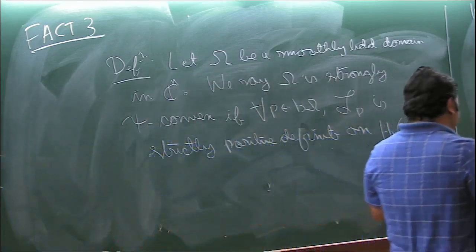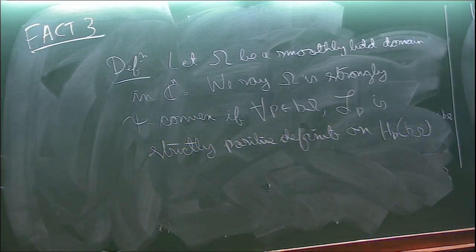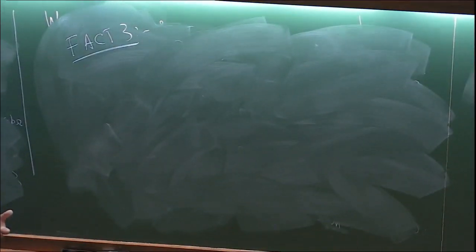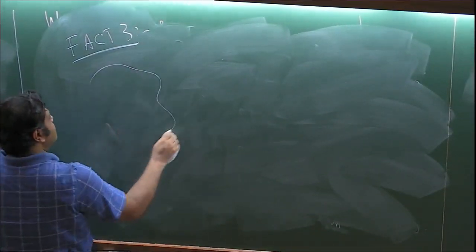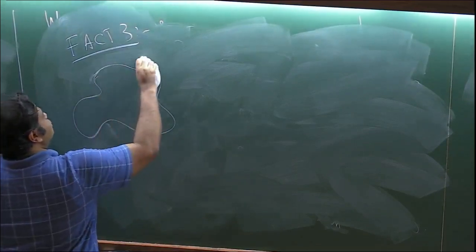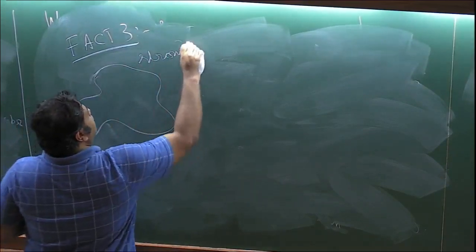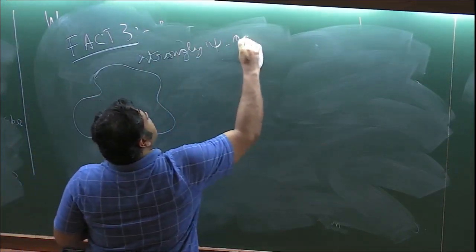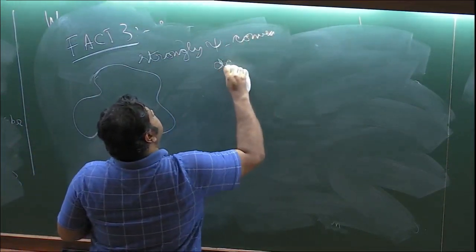And there is a remarkable fact about them, which is worth noting, which we'll actually never use, so fact 3 actually is, maybe I will just draw a picture in order to state fact 3 instead of stating it like that. So suppose this here is my favorite strongly pseudo-convex domain.